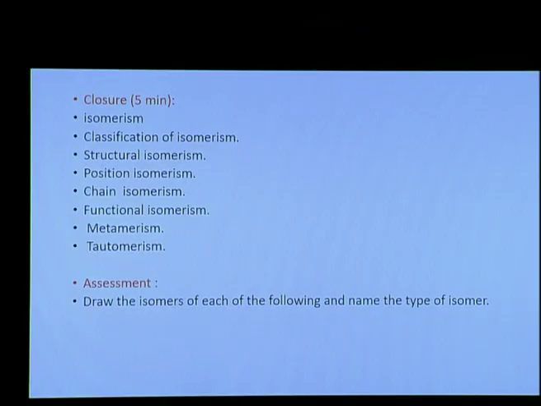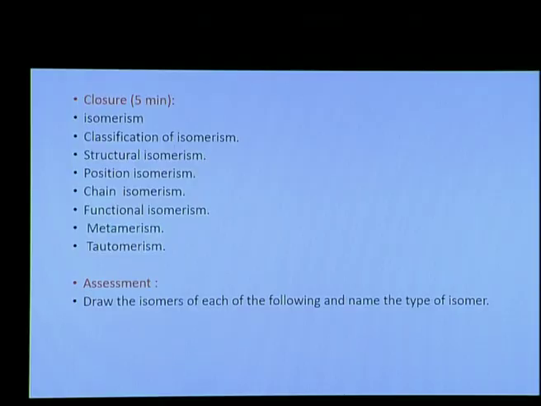I would like you to now work on the following questions. Try it on your own and see how much you have understood from today's lesson. The first question is, draw the isomers of each of the following and name the type of isomer. Draw all possible isomers for C4H10 and name them, and also name the type of isomerism.